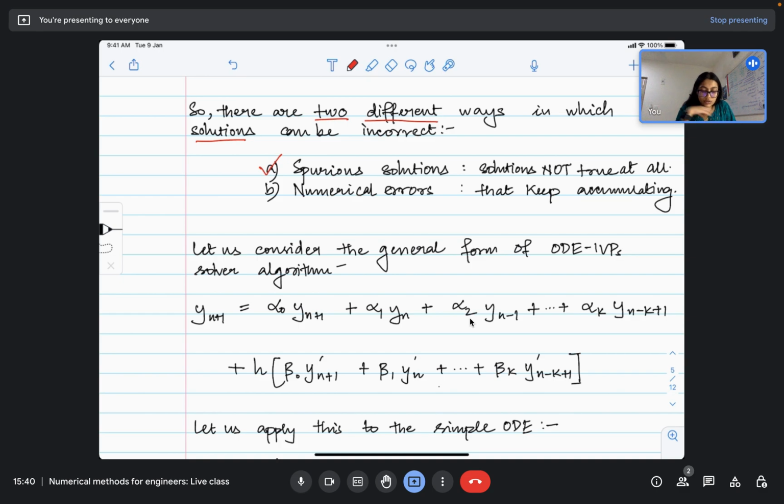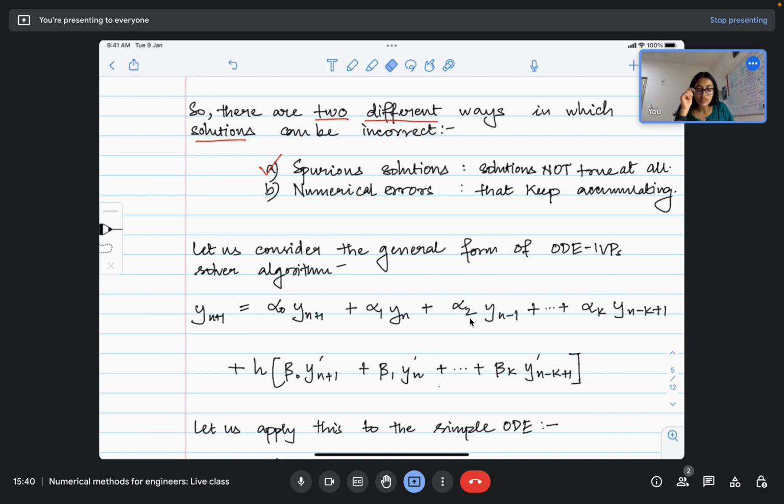Okay, so how do we even go wrong while we are using these numerical techniques? Sometimes what can happen is that we might get spurious solutions. We won't understand the meaning of spurious solutions right now, but when we go along in this class, I'll show you what these kinds of solutions actually are. They basically mean that the solutions are not true at all. They are like some random values, but they are not true at all.